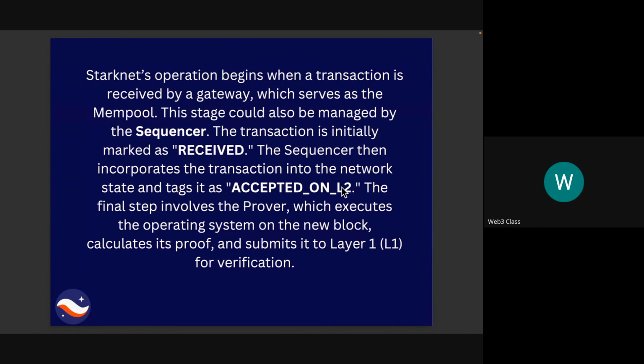So what is this thing? How does a transaction get executed on Starknet? The beginning is that someone, maybe you, Matthew, Victoria, Kenny, initiates a transaction on Starknet. The first thing that happens is that the transaction you initiated goes to the memory pool.